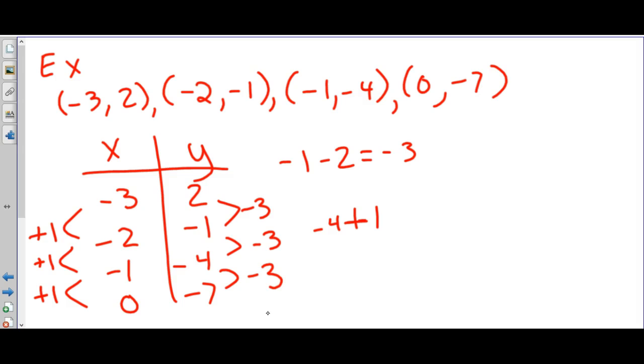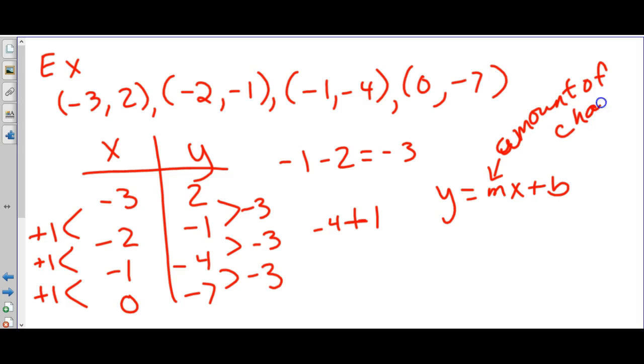This is linear. Linear we know is y equals mx plus b. And when writing the equation, it is more like your exponential equations. You just need to identify what goes where. So in this case, m is your amount of change, which again, just by identifying, we already know what that is, -3.